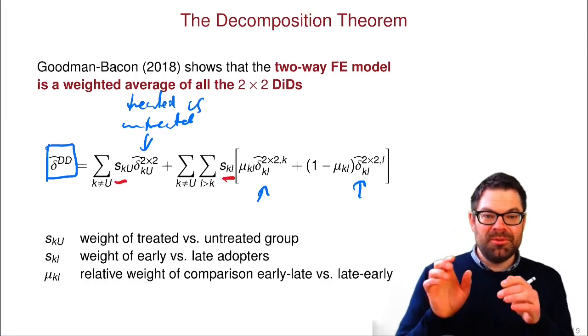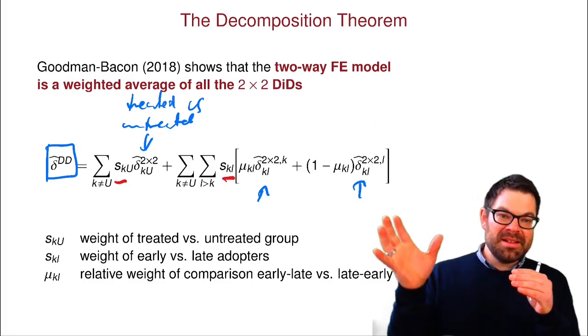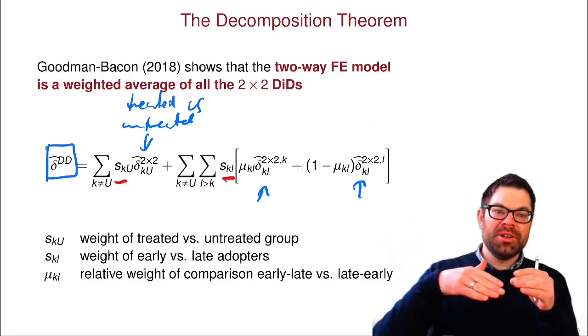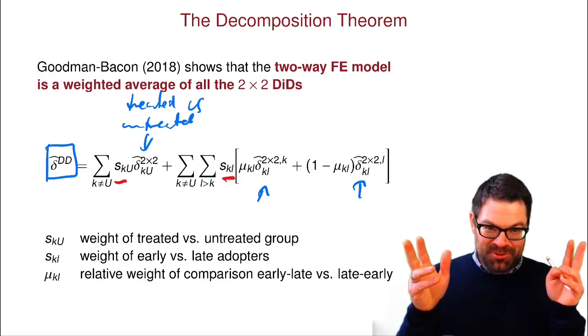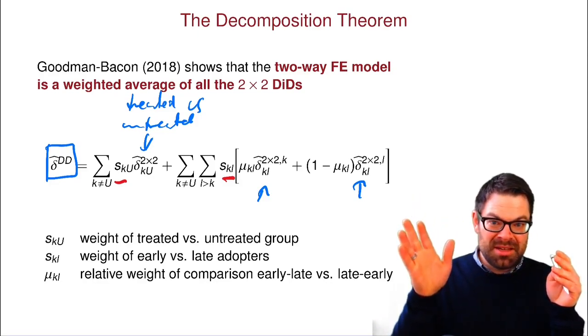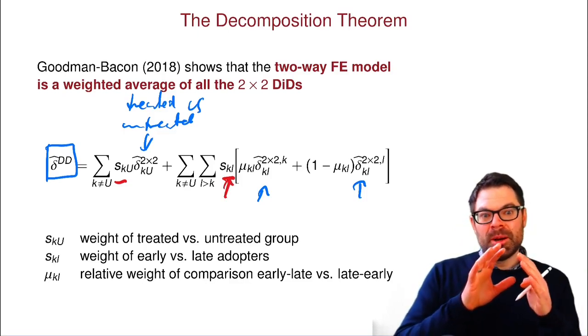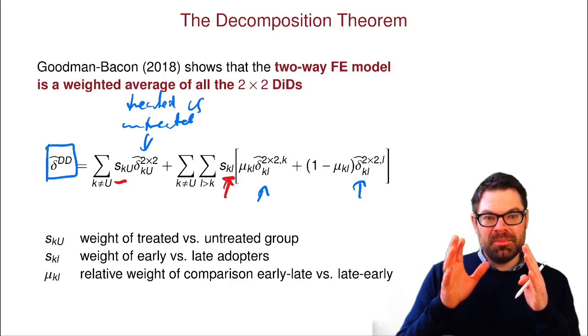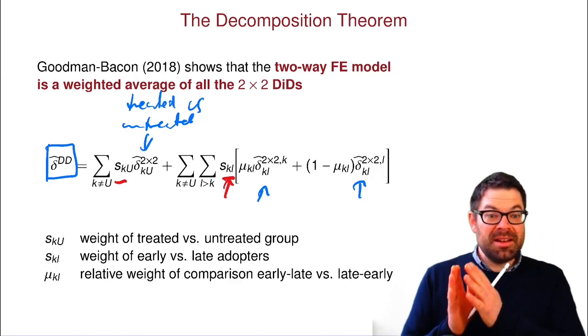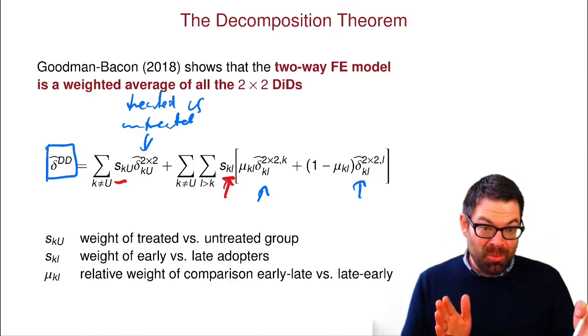So you have those 4 groups in there, and then you have the weights. The first set of weights are the weights in that estimator for the clean diff-in-diff comparisons, untreated versus treated. The second set of weights are those for basically the portion of the estimator that is due to the staggering in the adoption.